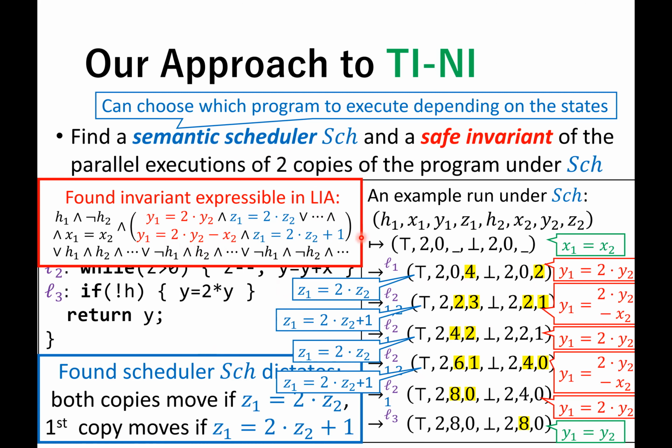I just demonstrated the execution where h1 is true and h2 is false. We also have other assignments for h values, but this relational invariant can indeed be expressed in linear integer arithmetic. And our tool automatically synthesizes this invariant as well as the scheduler.